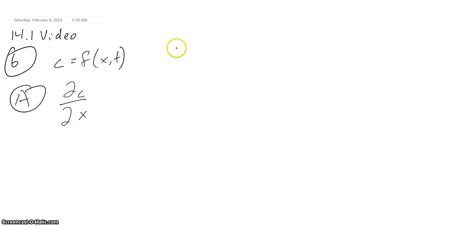So C is concentration. I'm not quite sure of the units of it, but x is millimeters from injection, and t is seconds after the injection.